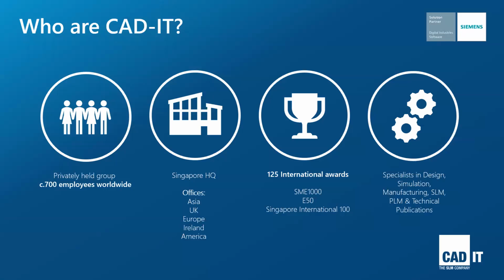Right, before we get into it then, just a little bit of background about CAD-IT. Some of you may have heard of us, but we may be new to some people too. We're a global company headquartered out of Singapore, currently around 700 employees globally, with offices dotted around the globe. We are an industrial technology provider, and we can offer solutions that cover design, manufacturing and service phases across a product's life cycle.